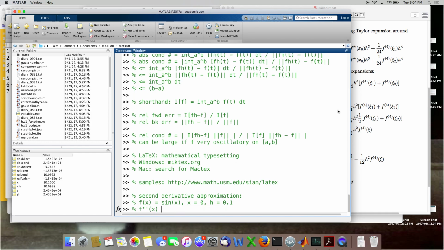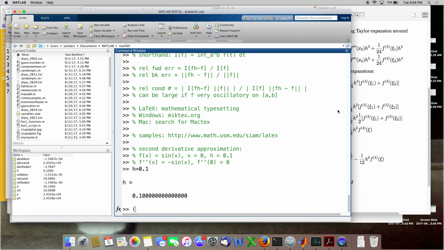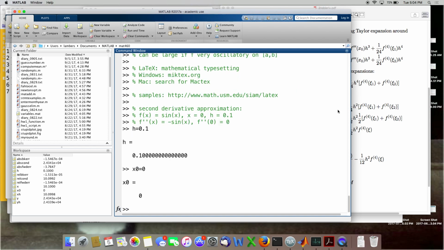So f double prime of x is minus sine. So f double prime of 0 is equal to 0. So if I look at h equal to 0.1, and I'll do sine of, okay, and x naught will be 0.